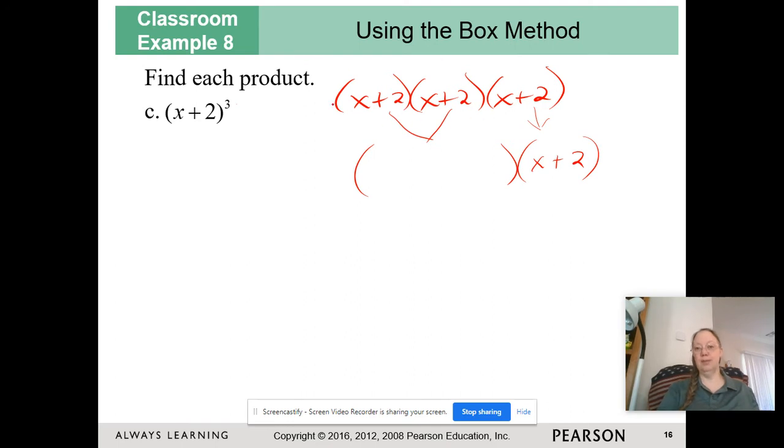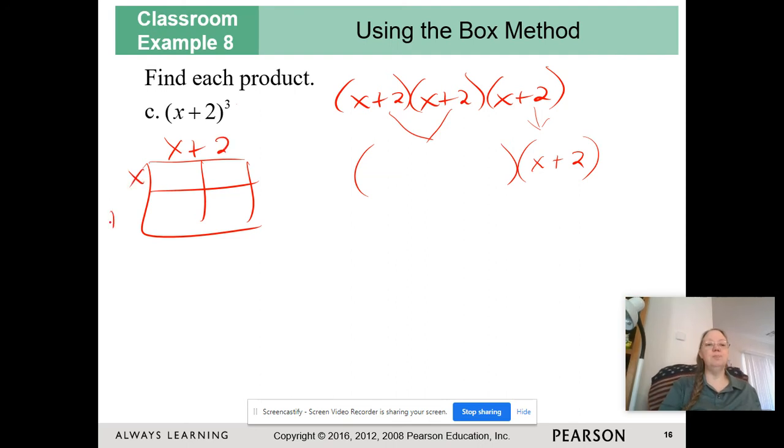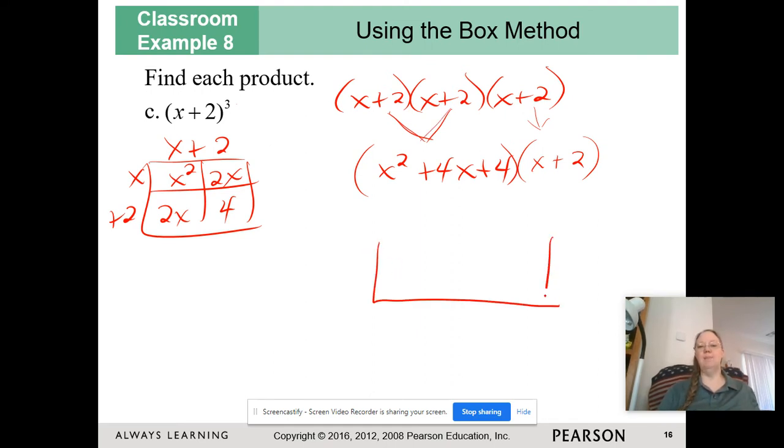So we've got to multiply this together first. x plus 2, x plus 2, which gives me x squared plus 4x plus 4. Only after we've multiplied the two binomials together do we multiply by that third binomial.